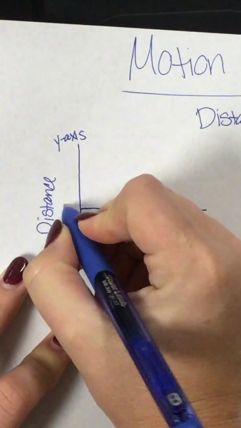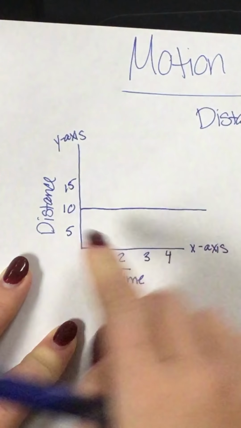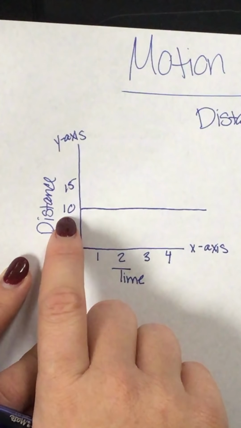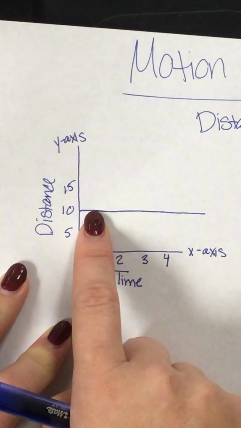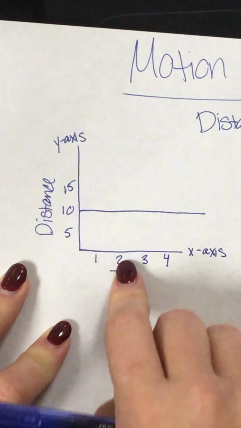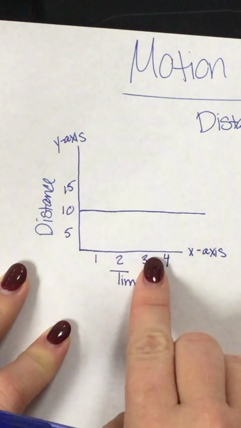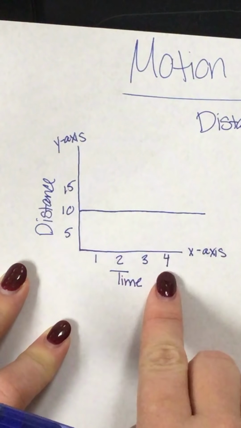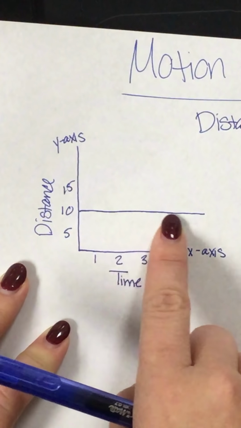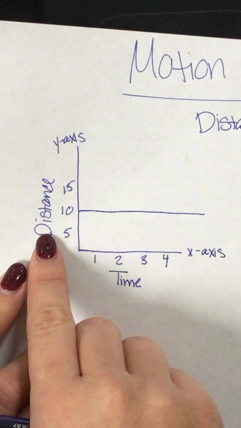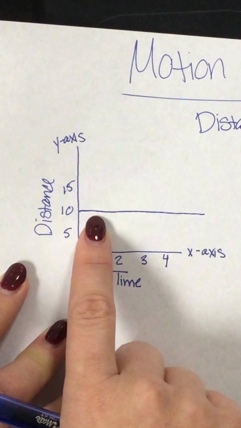Our distance, we'll say it's 10 meters. After 1 second, the object is at 10 meters. 2 seconds, 10 meters. 3 seconds, 10 meters. 4 seconds, 10 meters.